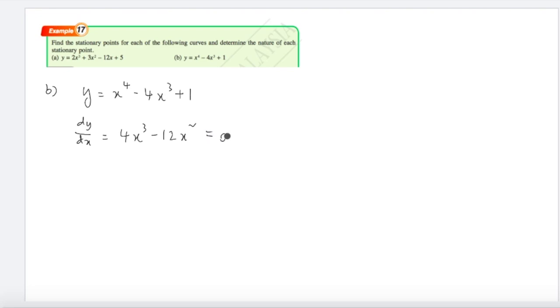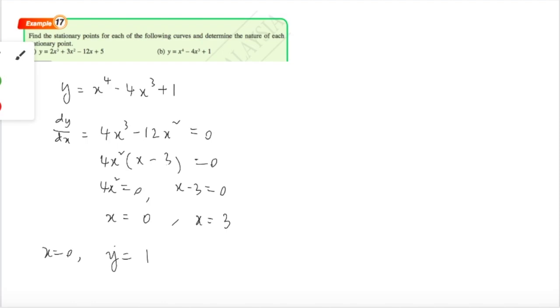You let this equal 0, and actually you can factorize. Factorize the 4, factorize the x squared. So you get x minus 3 equals 0. So 4x squared equals 0, x minus 3 equals 0. x will be equal to 0, x will be equal to 3.